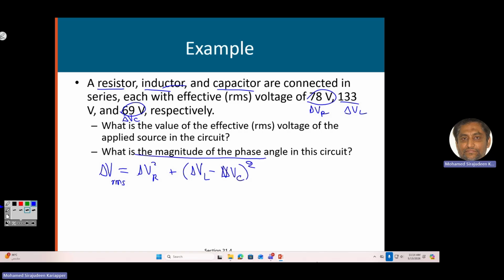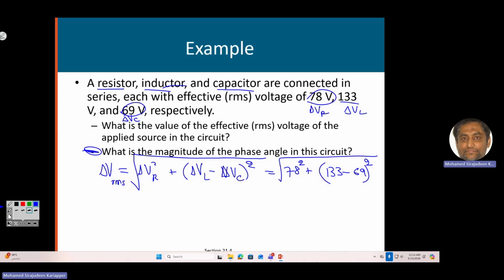Square them and sum them, take the square root. All you have to do is just substitute the values. So delta V of R is 78, square it, and 133 minus 69, square it, take the square root, you will get the answer.